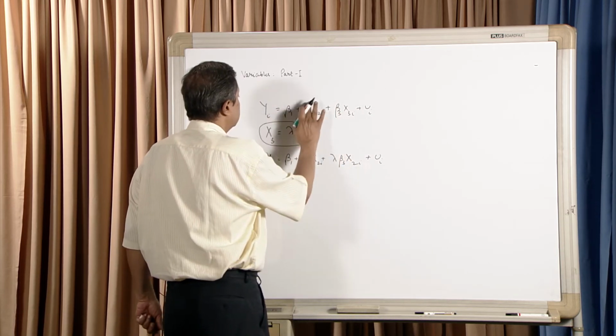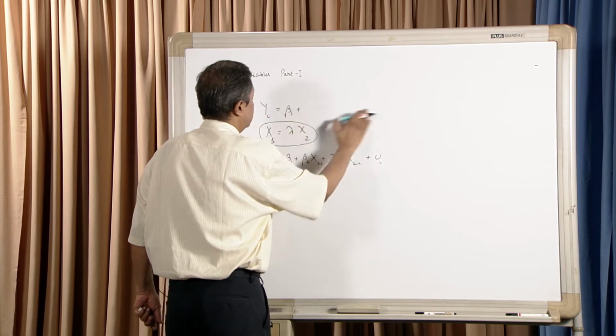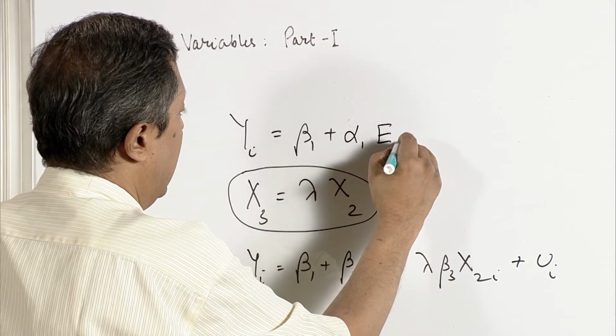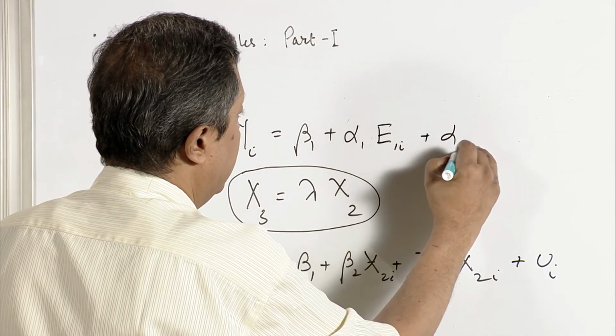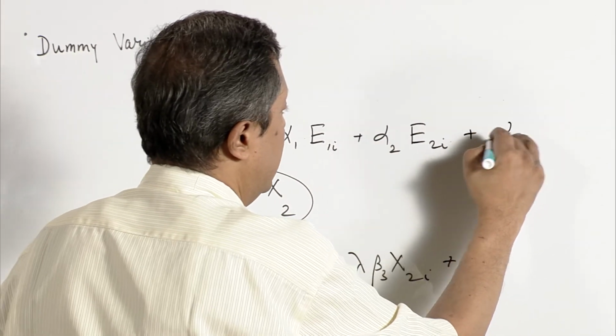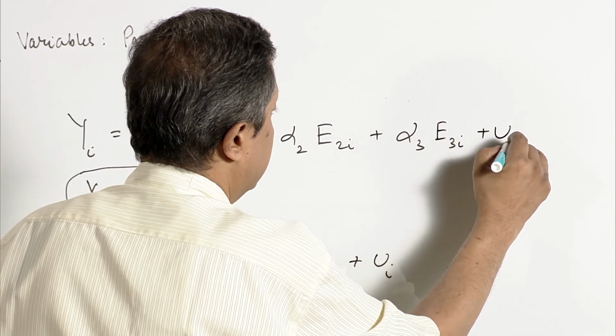The same thing happens if we write beta 1 plus maybe alpha 1 E1i plus alpha 2 E2i plus alpha 3 E3i plus ui.